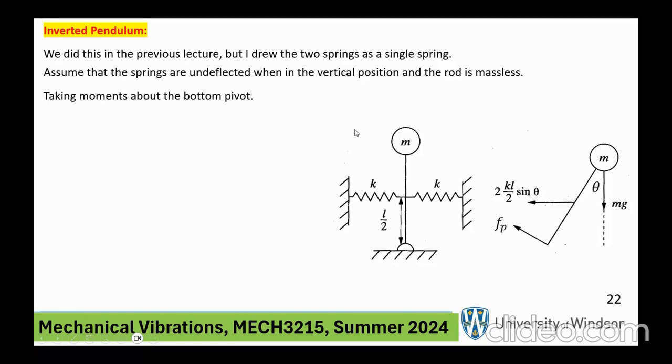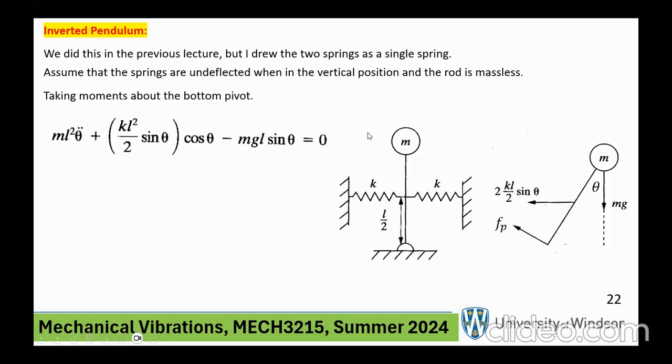Okay, there we are. So, sum of all the moments about this point equal to mass moment of inertia. I'm assuming this rod is massless, so the mass moment of inertia about that point is just m times L squared. That's this term. So mL squared equal to the sum of all the moments.